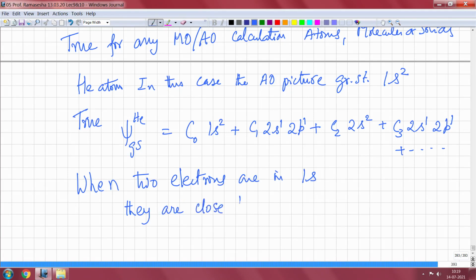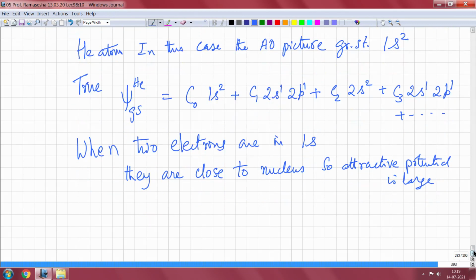They are close to the nucleus, so the attractive potential is large. But the 1s orbital is also a very contracted orbital, in the sense that it is a very compact orbital. So when you put two electrons in 1s, then the electron-electron repulsion is also large.